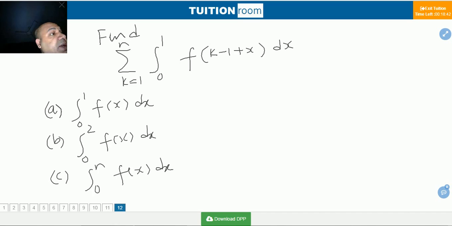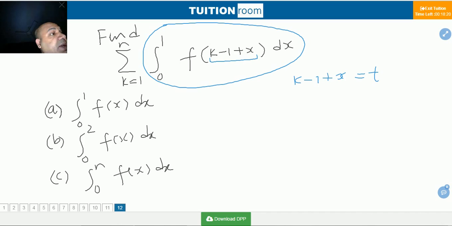First of all, we are required to solve this integral part only. After solving this part, we will move to the sigma function. We can assume k minus 1 plus x as a single variable t.